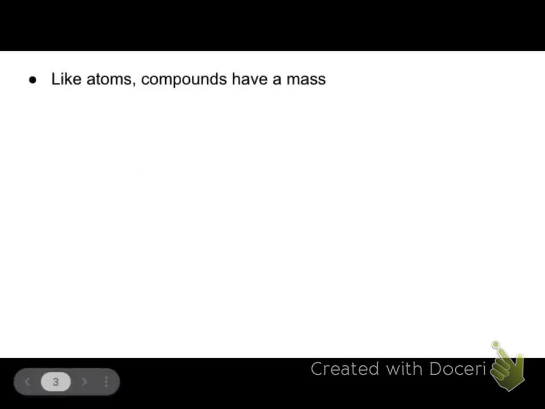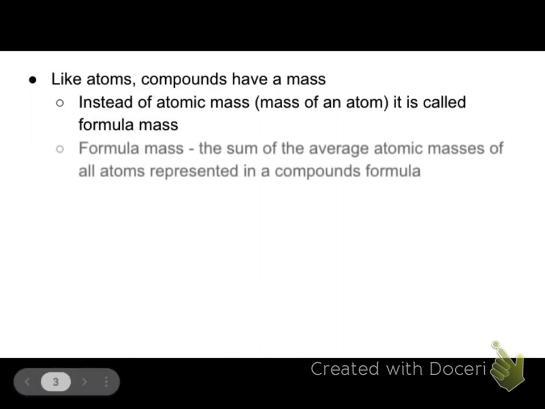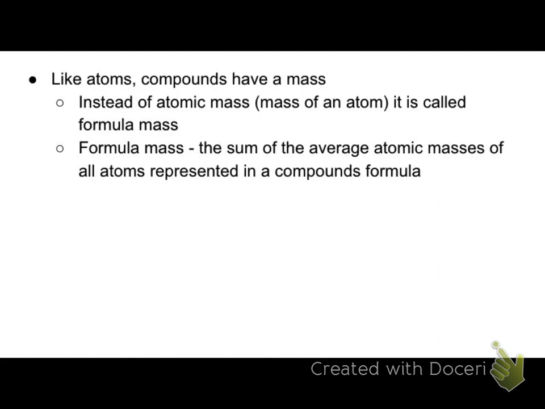Like atoms, compounds also have a mass, and instead of an atomic mass, or the mass of one atom of that element, we call it a formula mass. You can calculate the formula mass by finding the sum of the average atomic masses of all atoms represented in that compound's formula, hence formula mass.